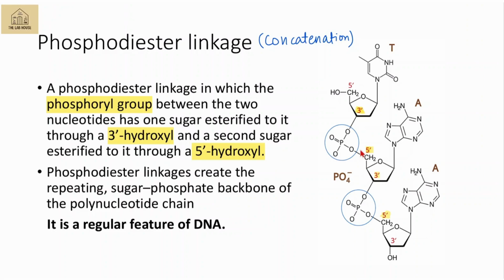Between both nucleotides, phosphoric acid forms two ester bonds. This is the phosphodiester linkage between the third carbon and fifth carbon, and this forms the sugar phosphate backbone of the polynucleotide chain of DNA. It is a regular feature of DNA.